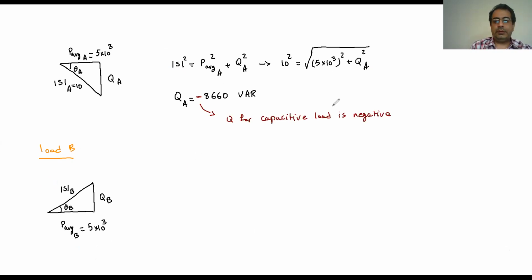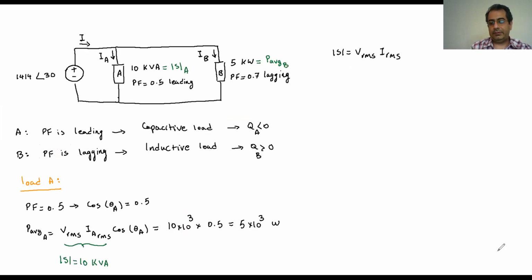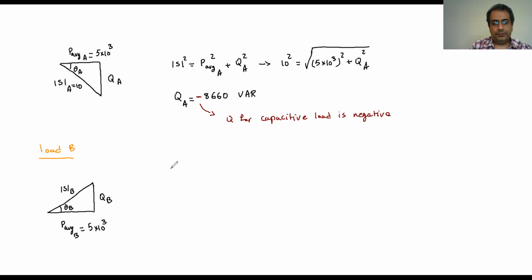So for this one again, we have the power factor is 0.7. The power factor is the cosine theta. So we know that the cosine theta B is 0.7.